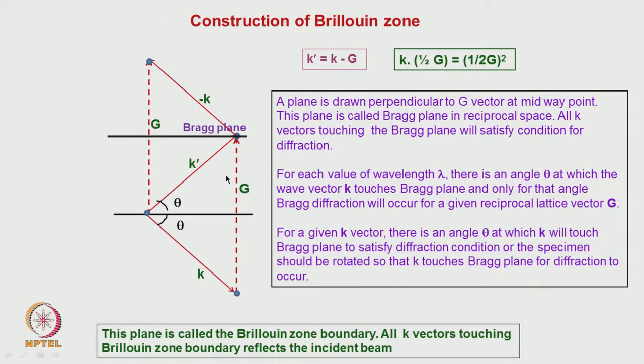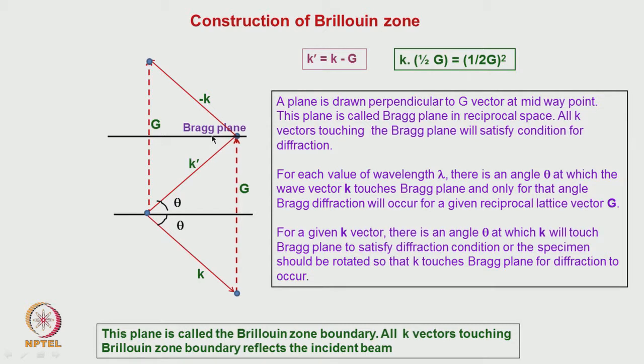In reciprocal space, with respect to this vector, a plane perpendicular to the half position is the one which this scattered vector has to touch, and that happens for some particular value of the angle. So whatever be the vector we have, unless this condition is satisfied, we will not get a Bragg diffraction.